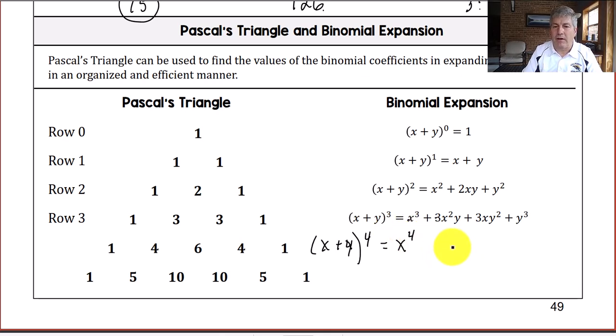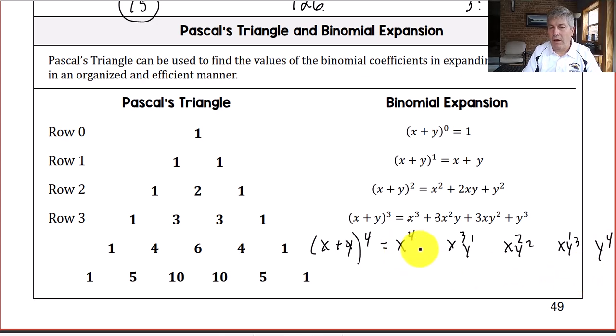So I'm going to have x to the 4th, x to the 3rd, x to the 2nd, x to the 1st, and then x to the 0. So I'm not going to put that there. And then I have descending order of y, so at the first one, at x to the 4th, that's going to be y to the 0 is 1, and then this one will be y to the 1st, y to the 2nd, y to the 3rd, and my last one will be y to the 4th.